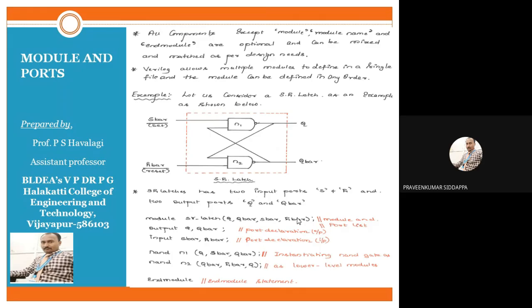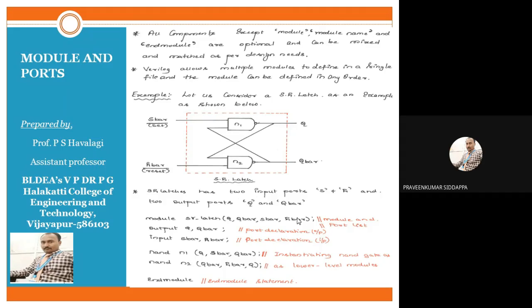Remember it. Okay, so by seeing the module definition, what are we getting? We are constructing an SR latch, and for the SR latch we are using four variables. The first two are the inputs and the second two are the outputs. That much we get, but we cannot get the operation.